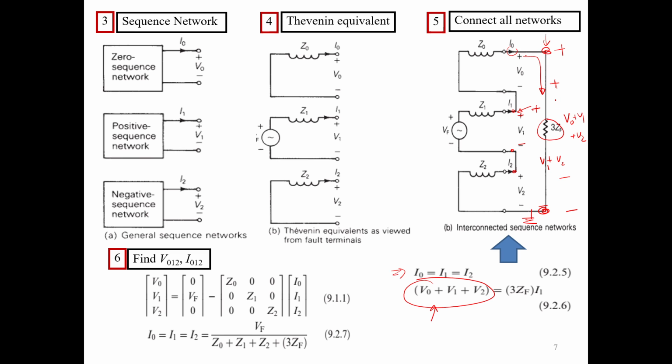So this becomes I0 times 3 times CF. But I0 is the same as I1, so there's no harm to write it in this fashion. That's why we could derive the interconnected sequence network in this fashion.